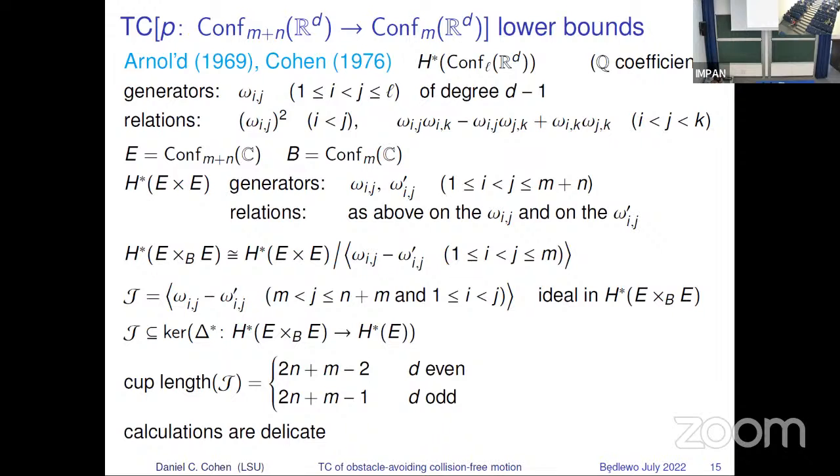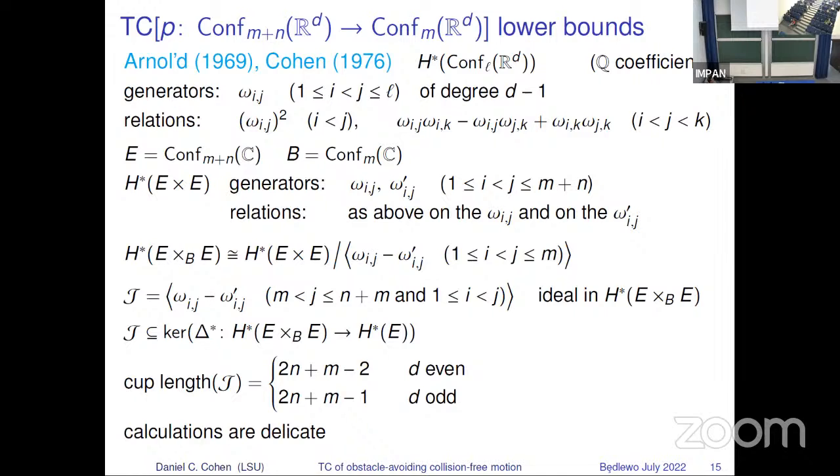First, I guess a truly classical result. The cohomology of configuration space of points in Euclidean space was computed long ago by Arnold and by Fred Cohen, who we lost not long ago, and I miss very much. Here is a description.